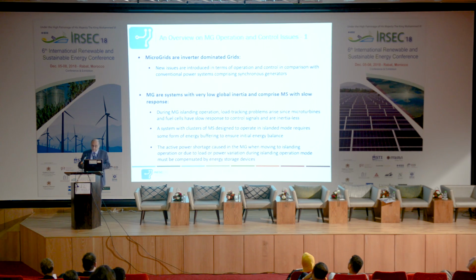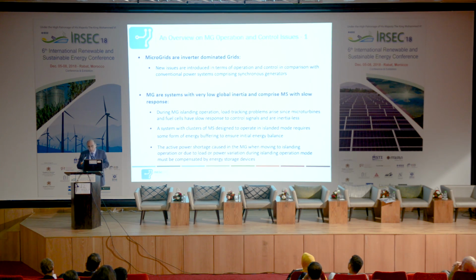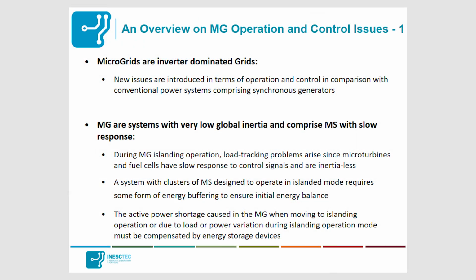So the PV panels, the wind generators, which will be small wind generators, microturbines, batteries when they exist, all of them will be connected to the network via inverters. So this will be an inverter-dominated grid. And this will be also a grid with a very low global inertia. And this is also a key issue.